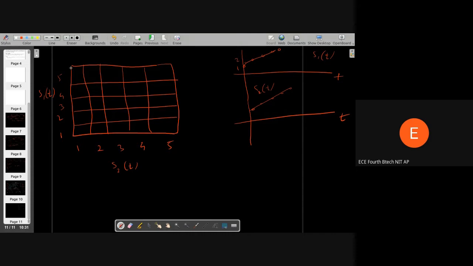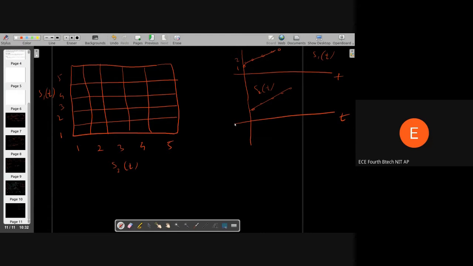So these are the numbers, the actual values. I will use a different color. For S1T and S2T, each and every point you can find some distance measure. You can find a Euclidean distance, or there are many other distance measures, but we will stick with the simplest one, the Euclidean distance.